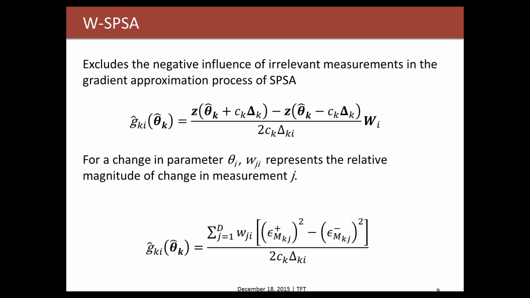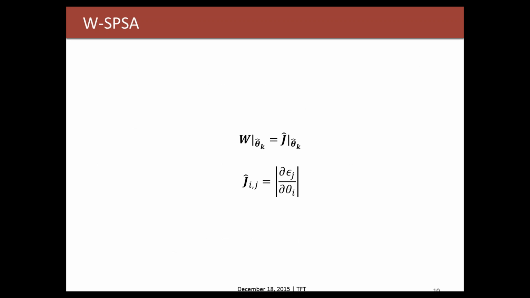So first of all, how can we estimate this W? In this slide, we show that it's a straightforward concept where the measurements can be obtained directly from the adjusted Jacobian matrix J. This means that each element of the matrix is replaced in the Jacobian matrix.